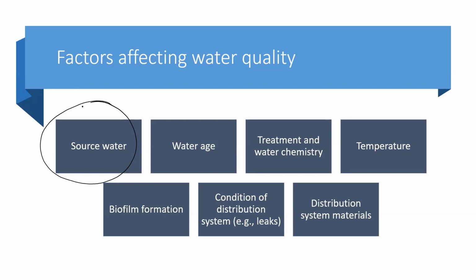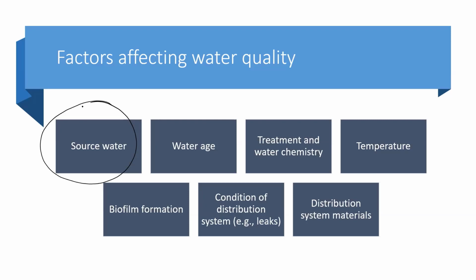Generally surface water. We can also have groundwaters that are soft. We can talk about groundwaters that are very hard, that have a high mineral content. We can talk about water that has a high organic matter content. And these impact how we treat water, and they also impact the quality of that water.